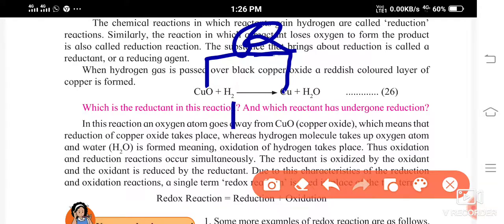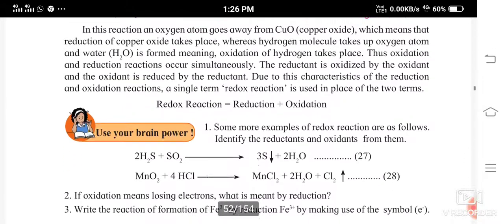And in this case, oxygen has been gained, so this is an oxidation reaction, right? Copper oxide has been reduced to copper. This hydrogen is going to reduce copper oxide, and the copper oxide is going to oxidize hydrogen.